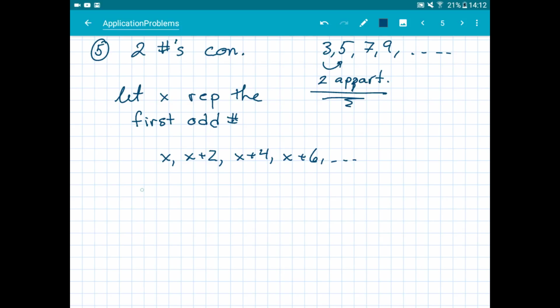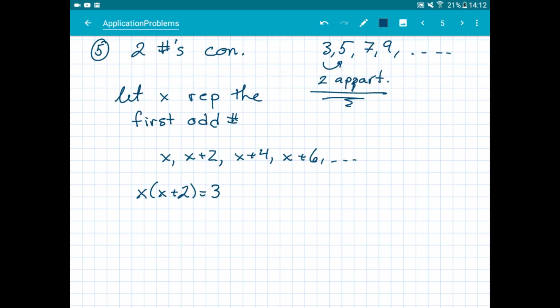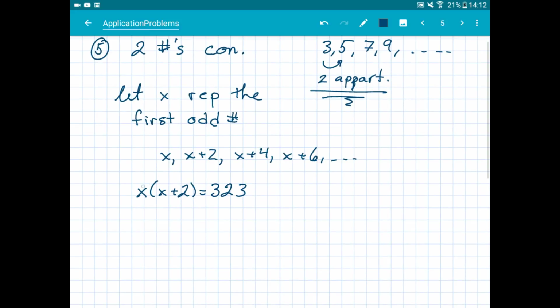So let's just write these out. We have x times x plus 2 is going to be equal to 323. So x times x plus 2 gives us x squared plus 2x. I'm going to subtract 323 at the same time, equals 0. Once again, they're pretty close, right? So you could again take the square root of this and then factor it.